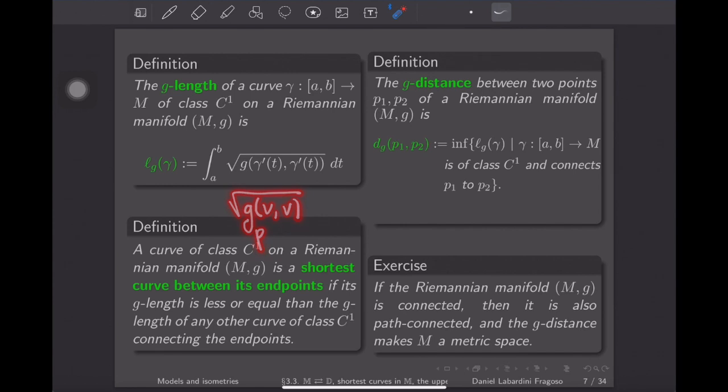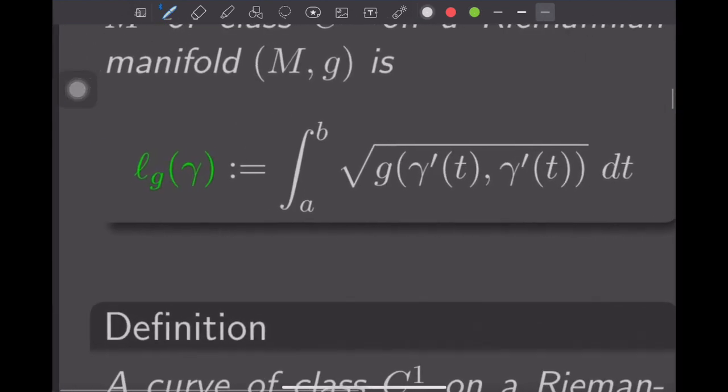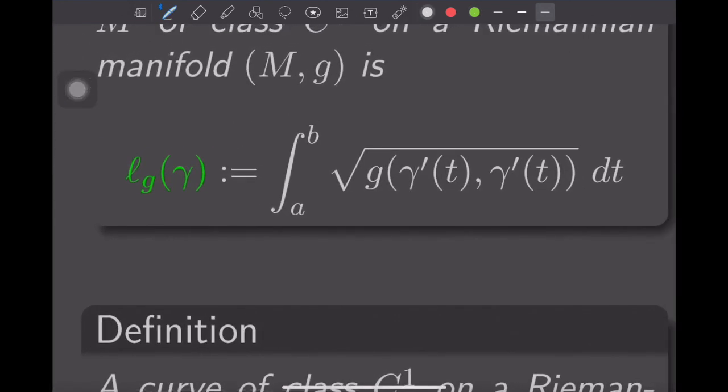Actually, here I have to make a correction, because here it has to be g sub gamma of t.